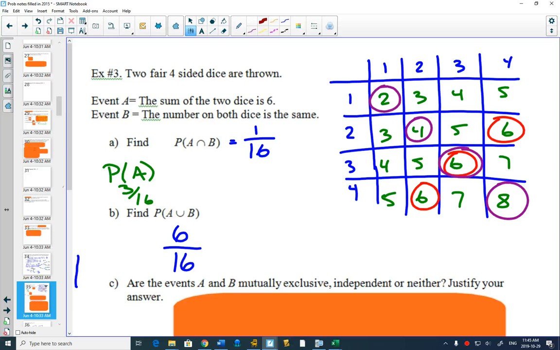And the probability of both numbers being the same would be 4 out of 16. No, you can't do them as independent events. So the fact that they're different answers, in this case, would show that they're not independent events.